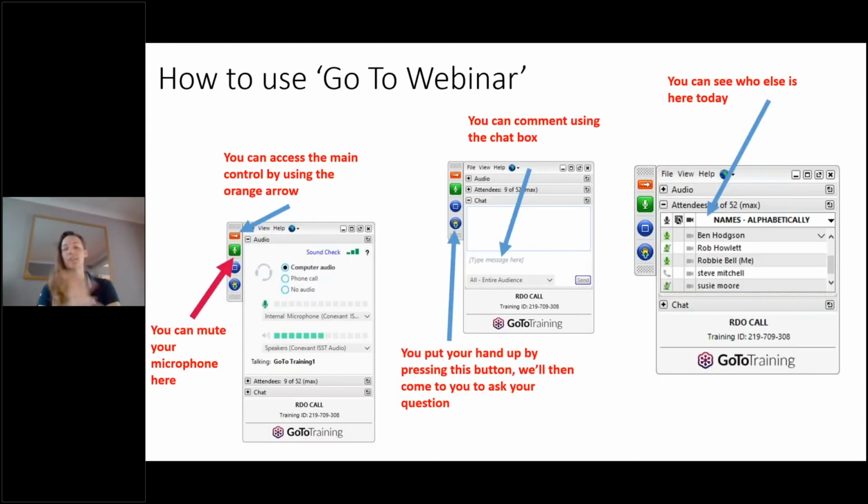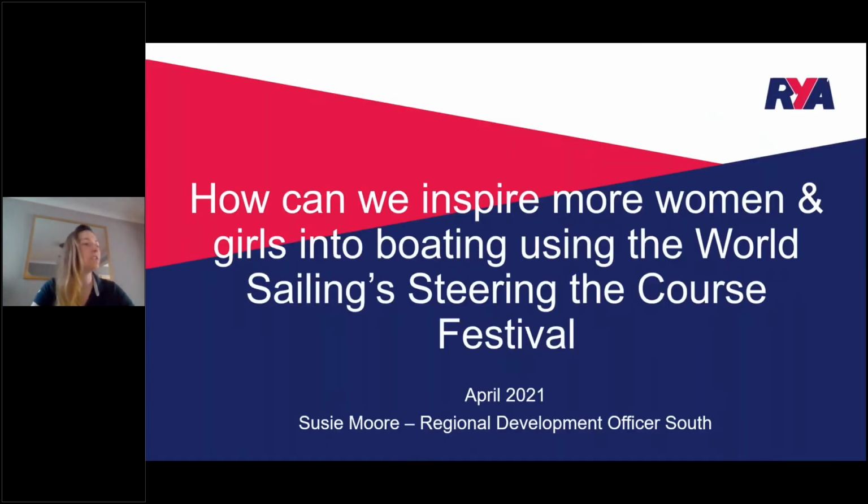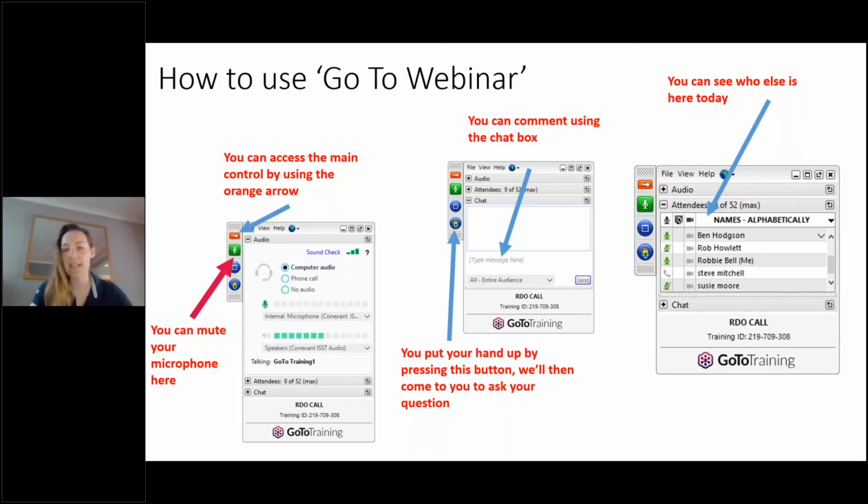Looking at the control panel that you should be able to see this evening, it's very similar to the one on the screen. You should see a microphone, which if it's green, is telling you that your microphone is live. If it's greyed out or orange, it will be telling you that you are on mute. Below that is the raise a hand button that I was mentioning before.